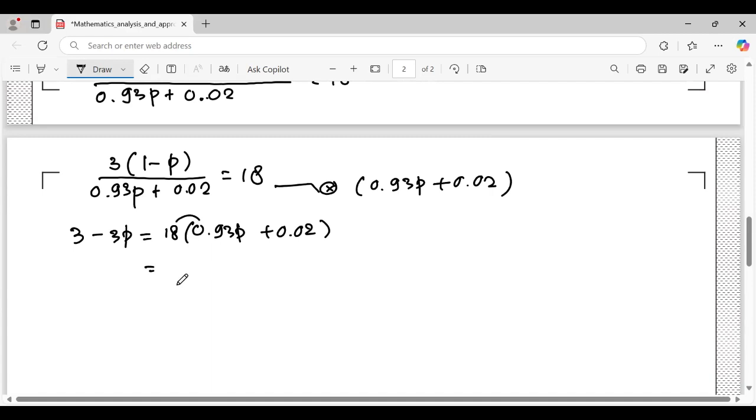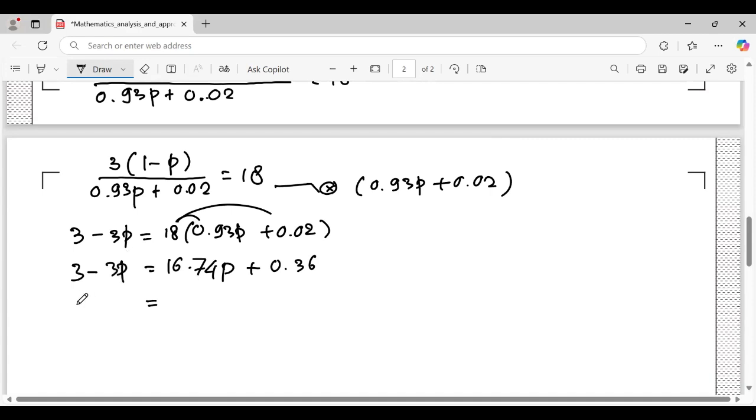So 18 times 0.93 is 16.74P, plus 18 times 0.02 is 0.36. This is 3 minus 3P.